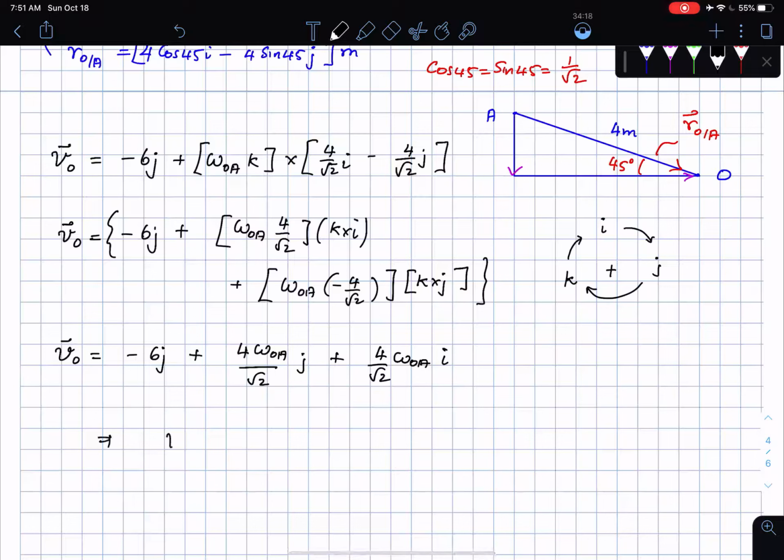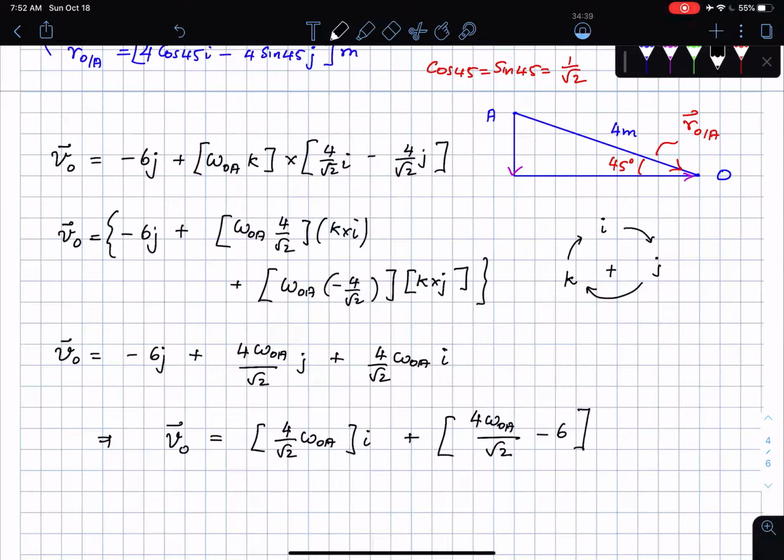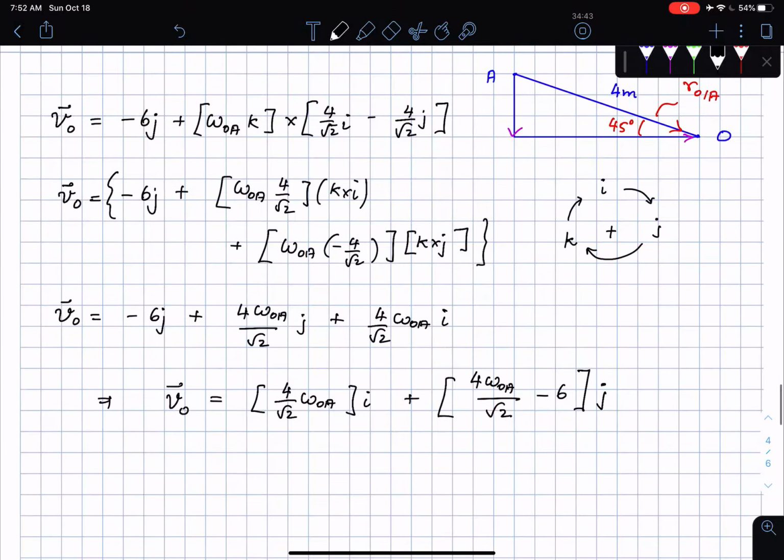If I write everything nicely, V naught is, let me write it from the i direction, 4 by root 2 omega OA in the i direction, and then 4 omega OA by root 2 minus 6 in the j direction. This is the other one, in meters per second.